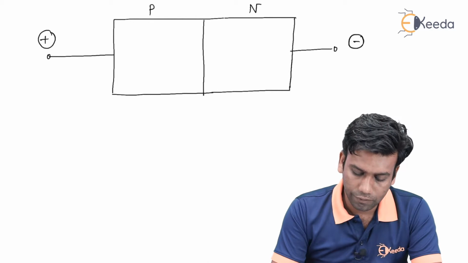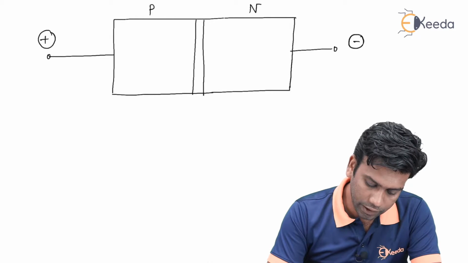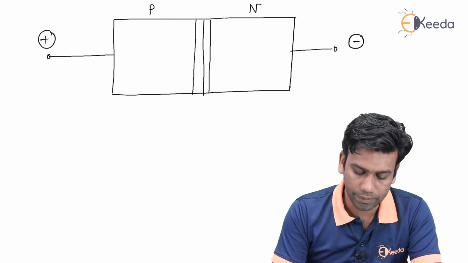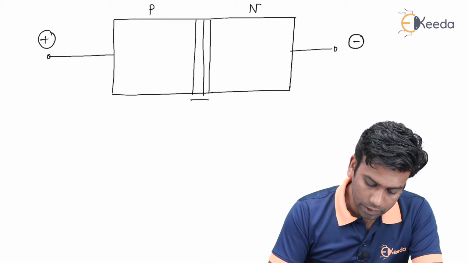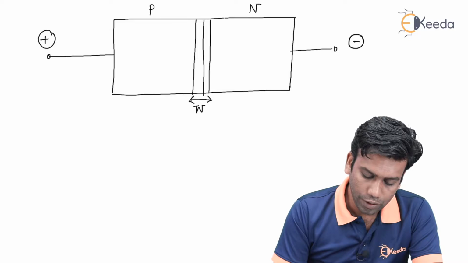Due to this forward bias, the depletion region will be very thin. Now this depletion region width is, let us say, W.